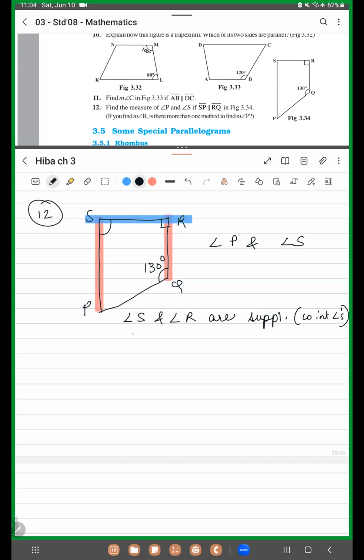So that means angle S plus, now what is angle R? 90 degrees. 90 degrees equals 180. So angle S is how much? 180 minus 90, beta? 90 degrees. Very good, 90 degrees.